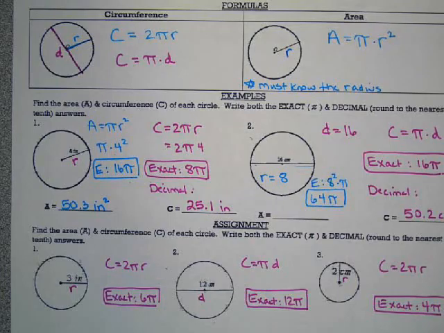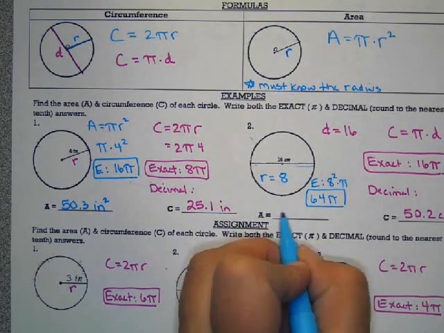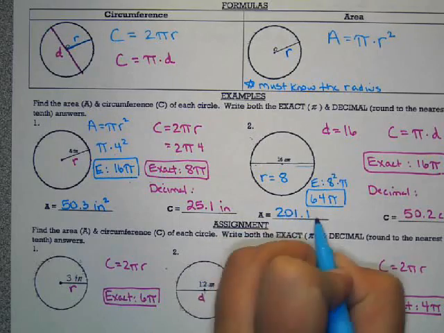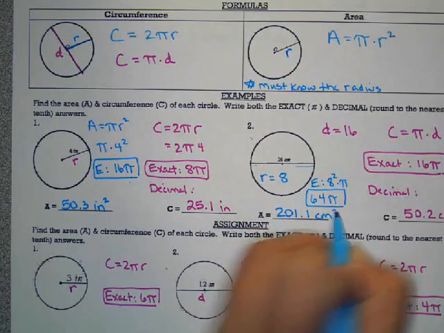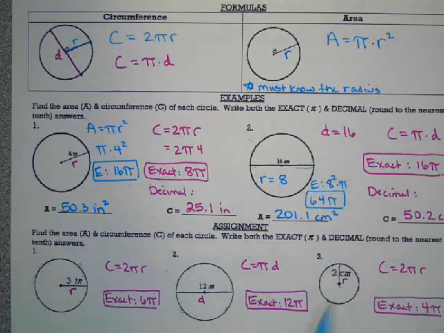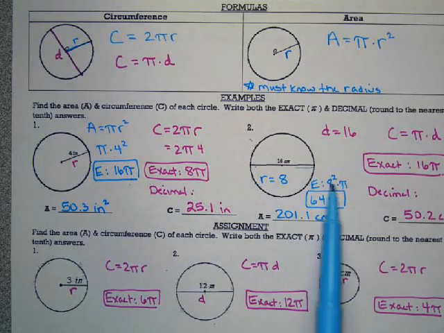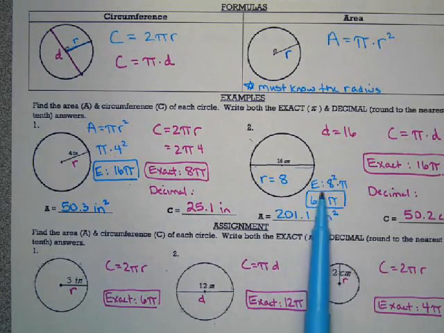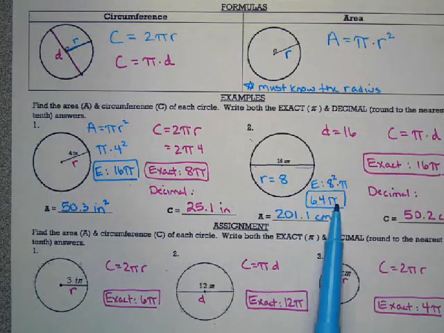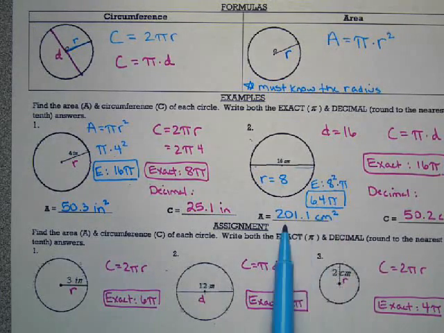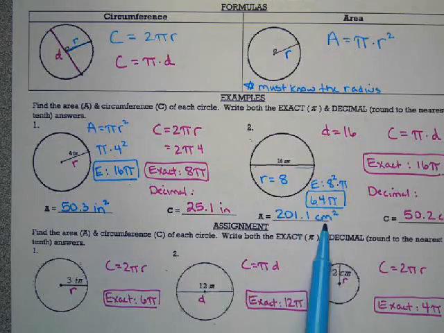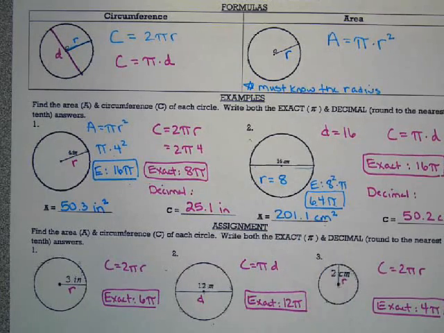If you want the decimal answer, again, just 64 times pi in your calculator. 201.1, and then it's centimeters squared. So this time, take the radius and square it. For exact answer, you just put that answer in front of pi and leave it, 64 pi. If you want the decimal, you multiply those two together. That's where we got that. Okay. So, again, we're going to pause.